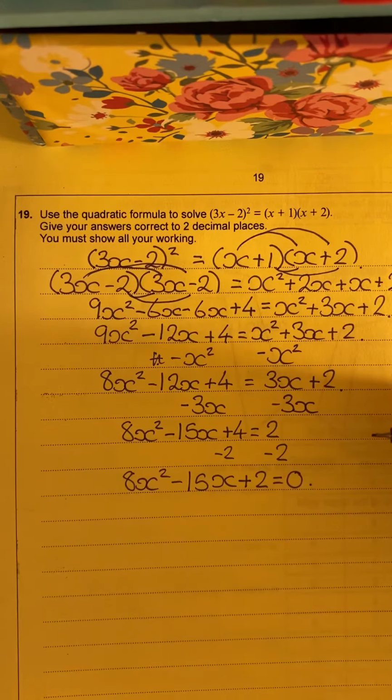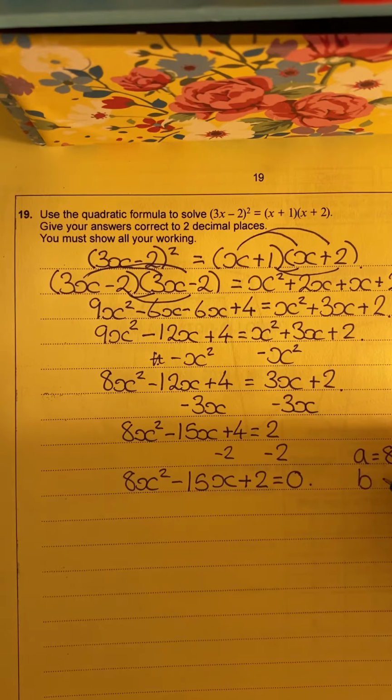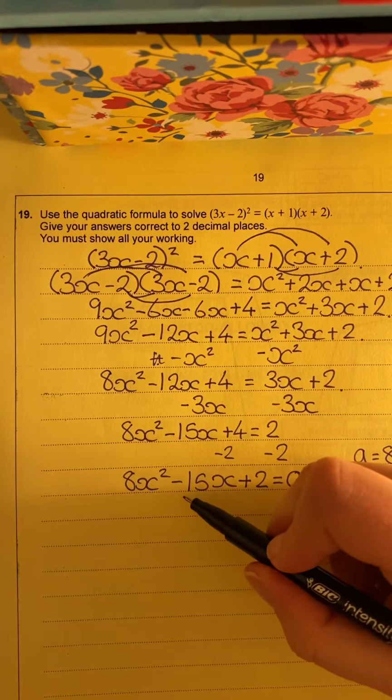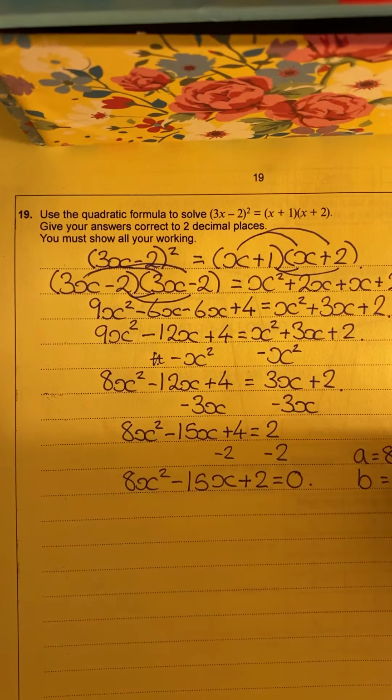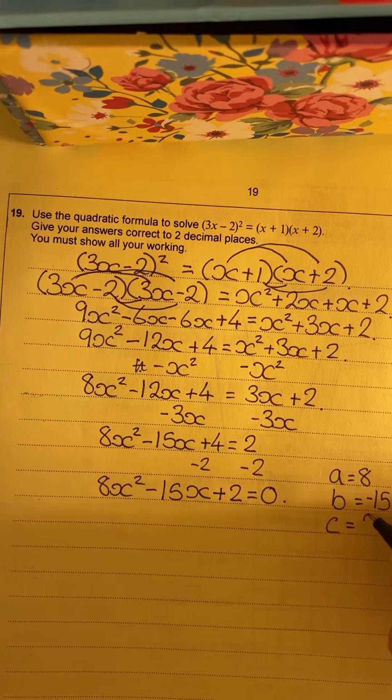So we're using the quadratic formula, so we need to know what a, b and c are. So a is equal to 8 because it's next to the x². b is equal to -15. It's really important that minus is attached to the 15. So that's -15. And c is equal to 2.